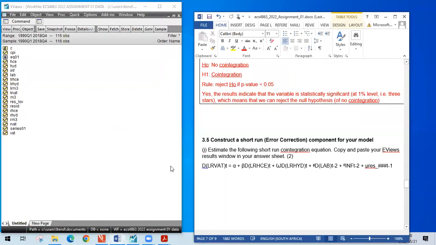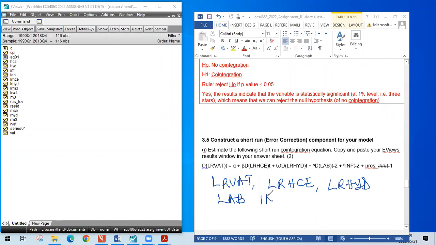Let me write it here. We have LRVAT. Yes, it's going to be different. We are going to put a D. We have LRHCE. We have LRHYD. We have lab. We have inflation. And lastly, we have res.